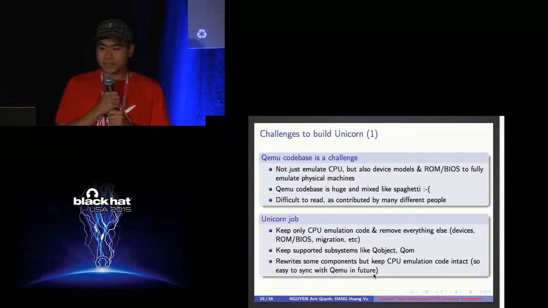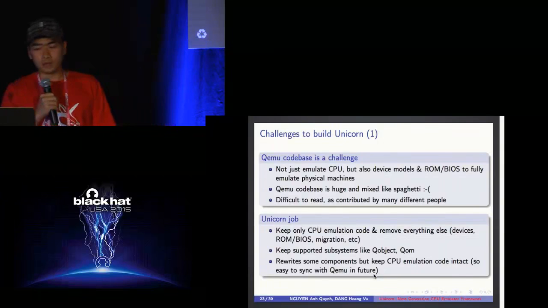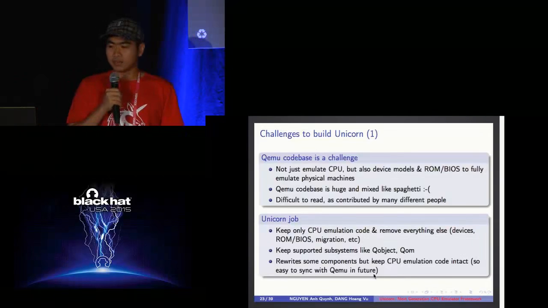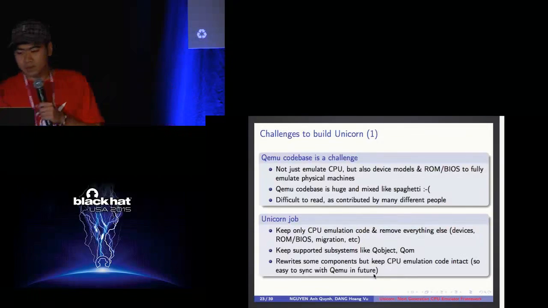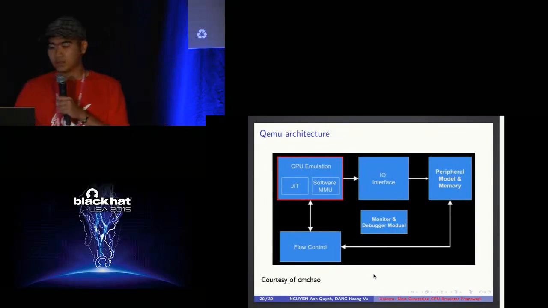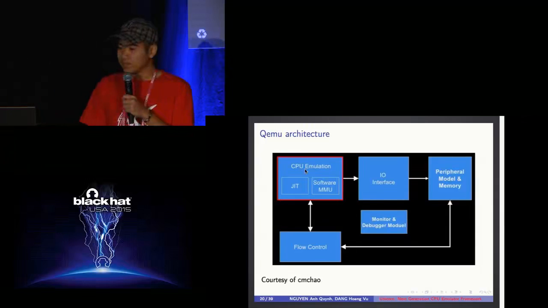So let me list some of the most challenging problems that we found while building Unicorn on top of QEMU. The first challenge is that, as I mentioned, the QEMU code base is large. It has everything in there. And the thing that we want is actually only this little red box you can see.